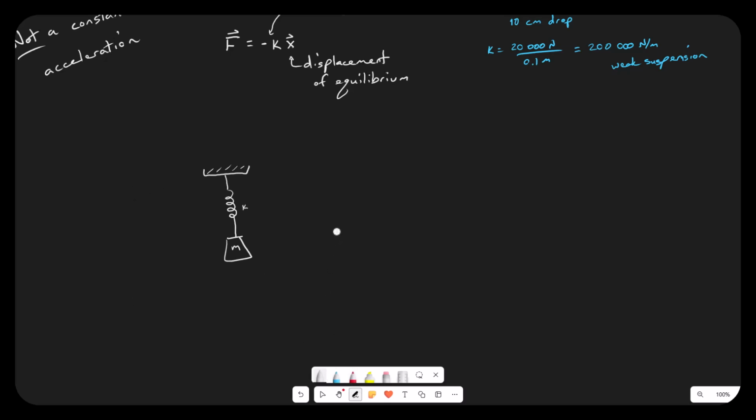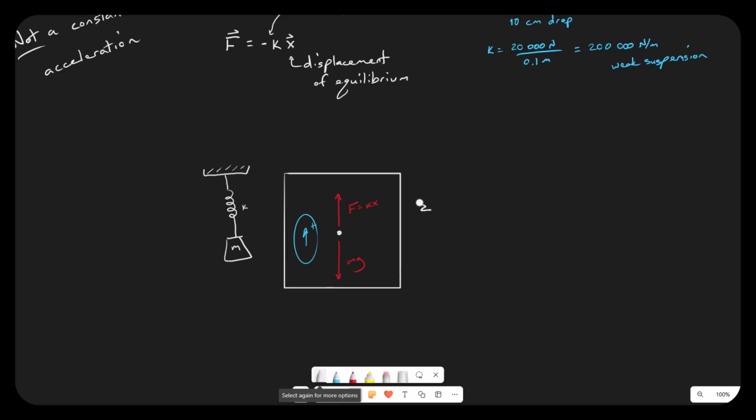I would say here is my mass, and the forces that I have acting on this, I would have a spring force acting upward. Magnitude is just kx. I would have an mg acting downward. I would probably say let's count up as my positive direction.